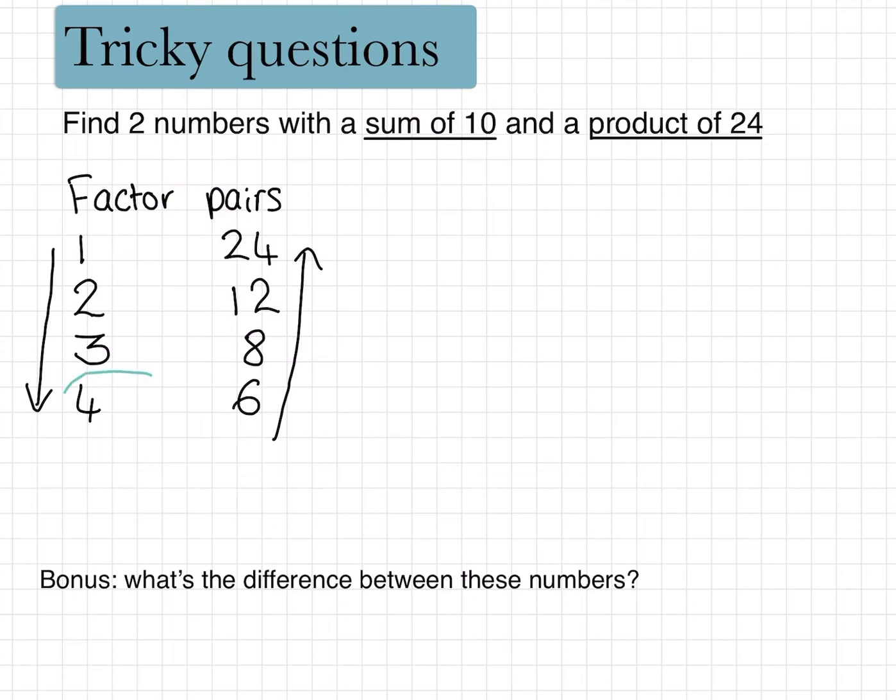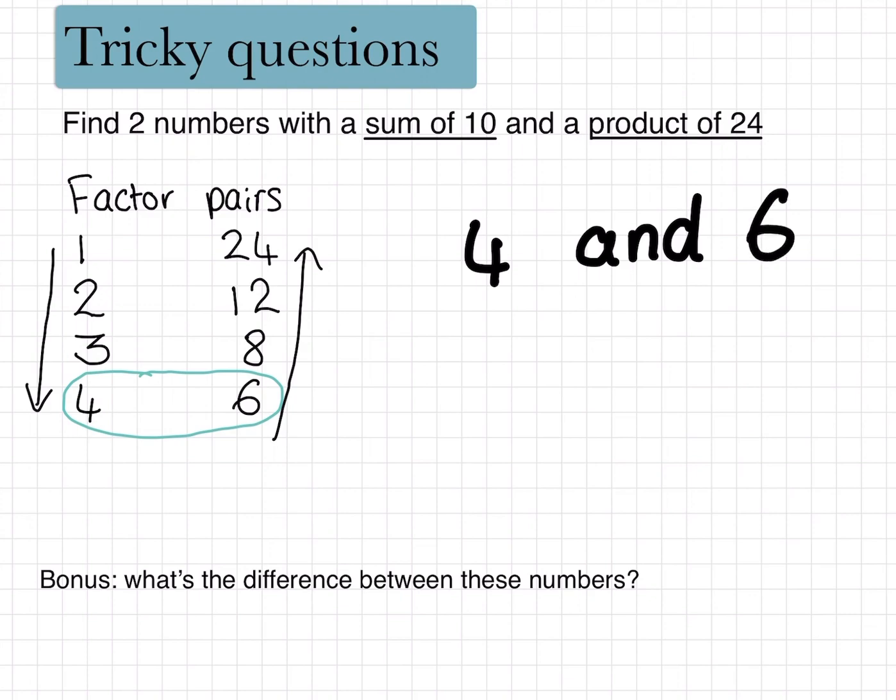Excellent. It's 4 and 6. So the factor pair which add together to make 10 and have a product of 24 is 4 and 6. So let's write our answer. 4 and 6. Great work.